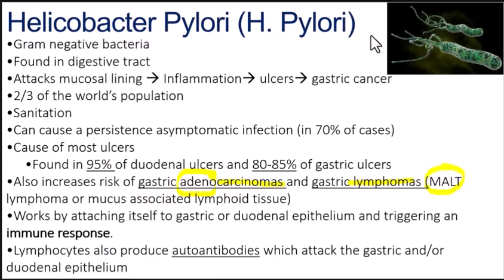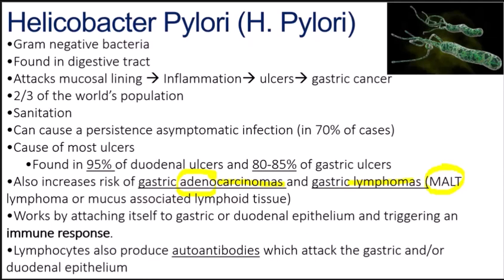H. pylori is more common in certain areas of the world than others, and that's because of sanitation practices and access to clean water. With good health habits, you can protect yourself and those around you from H. pylori.